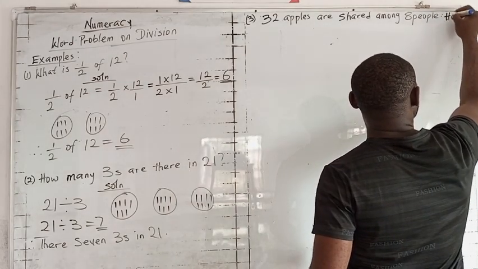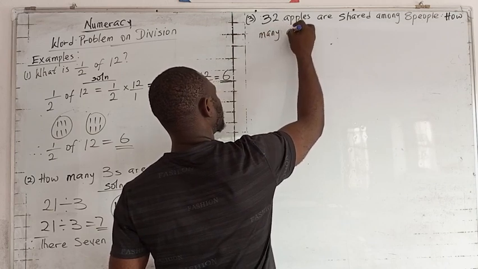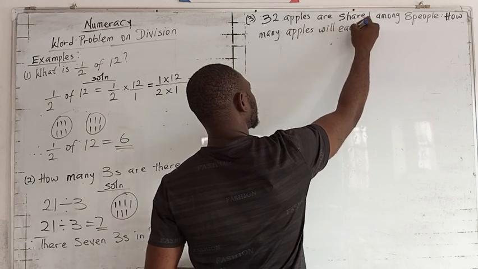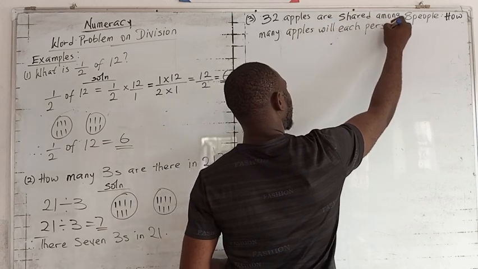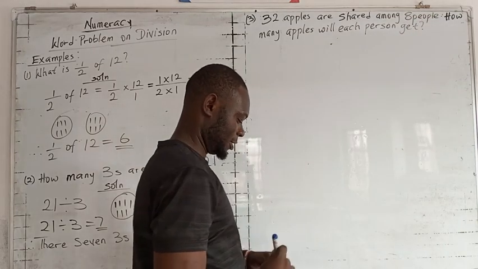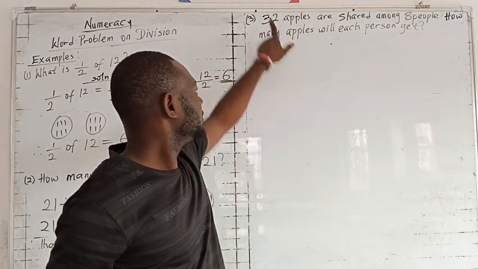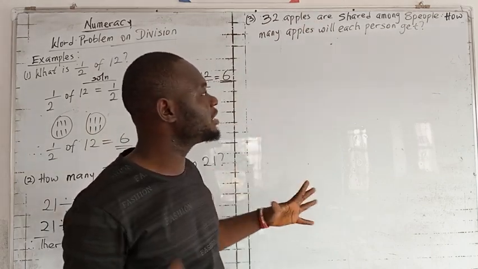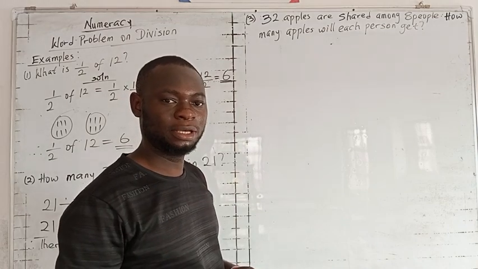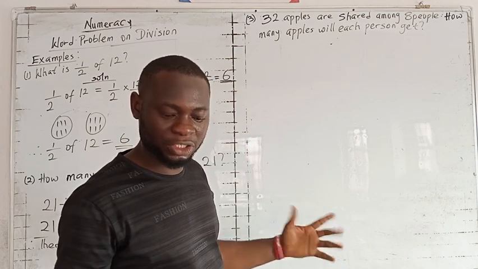You see this question, right? It says that 32 apples are shared among 8 people. How many apples will each person get? What it means is that 8 people shared 32 apples. What is sharing? Division.